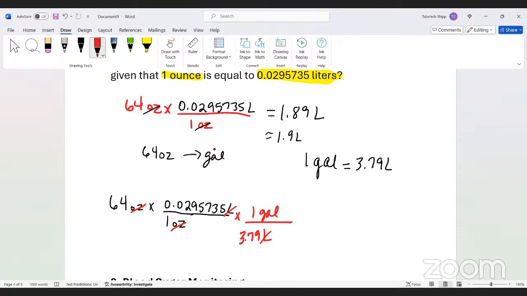So yes, there's that number right there, the 1.89, that long number divided by 3.79. And you get 0.499 gallons. Okay? Roughly half of a gallon.